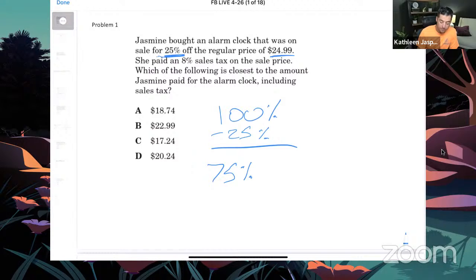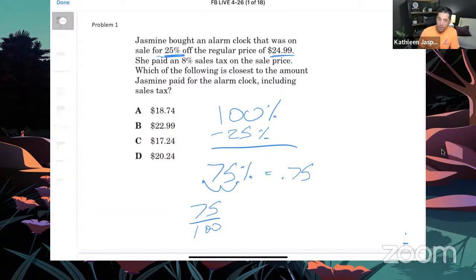How do I do that? Well, I've got 75%. How do I convert that to a decimal? Your decimal is right here, and percent is always worth 2 places to the left. So that equals 0.75. Or you can always do your percentage over 100, because what does percent mean?